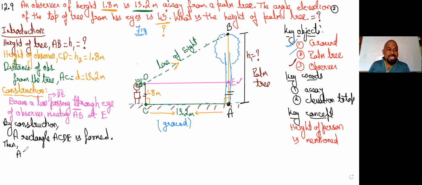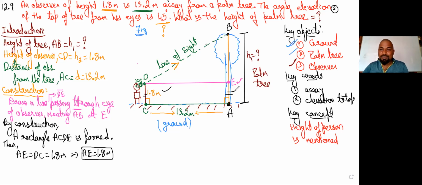That is AE is equal to DC. But the DC value is already known to us. What is the value of DC? It's nothing but 1.8 meters. DC value is already known, which implies we got the value of AE now. AE is equal to 1.8 meters. This is the new value what we got.